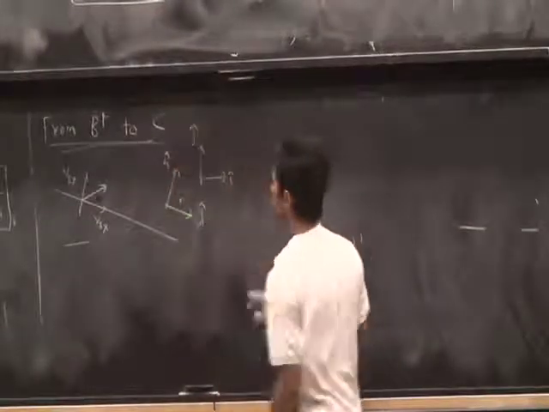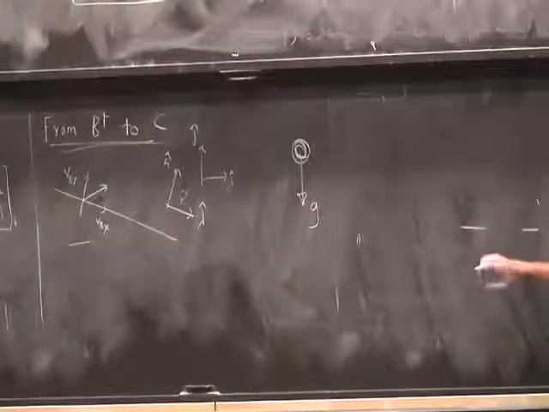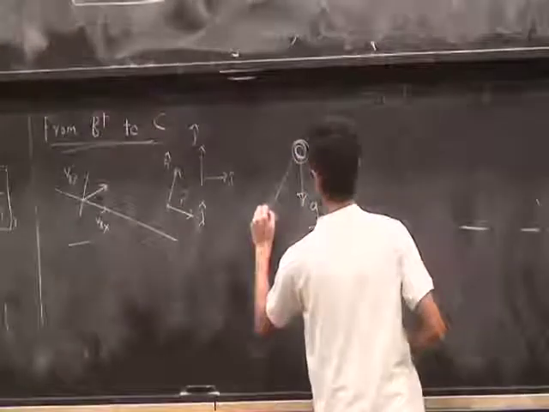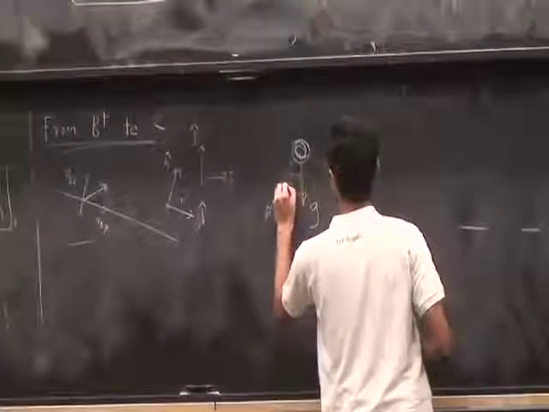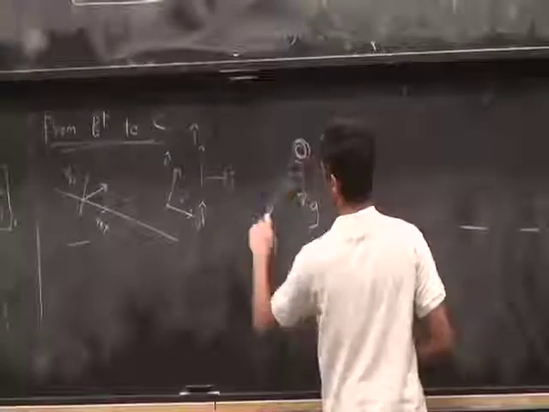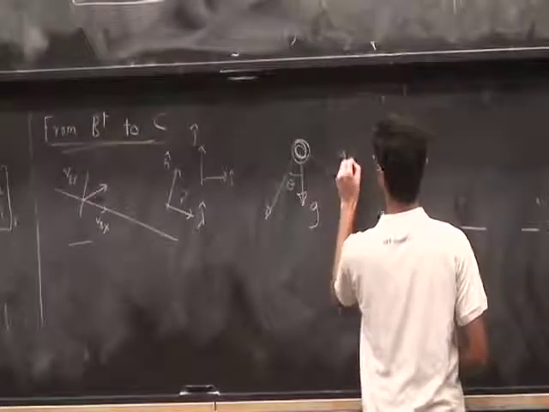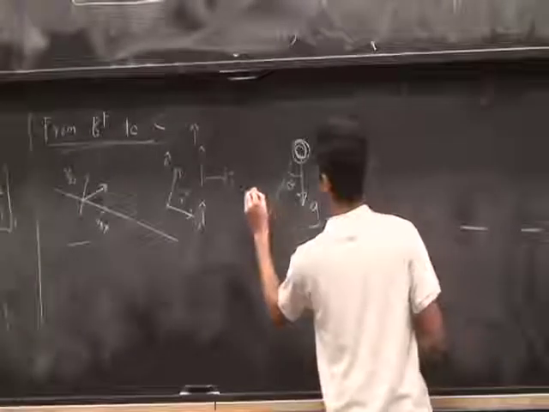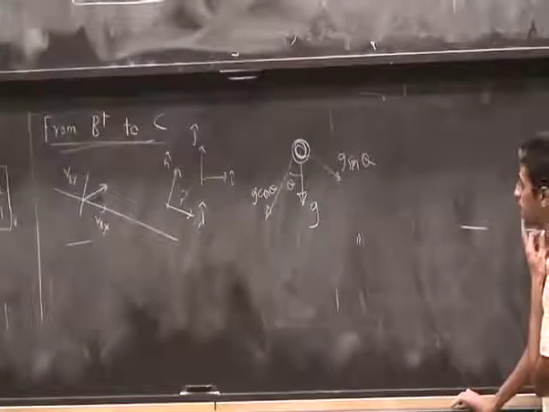So I'll try to solve this same problem in n lambda frame. That will be much simpler as it turns out. So I'm going to resolve g in two directions. One is along n, so that's going to be g sine theta. And it's going to be g cosine theta in direction n.